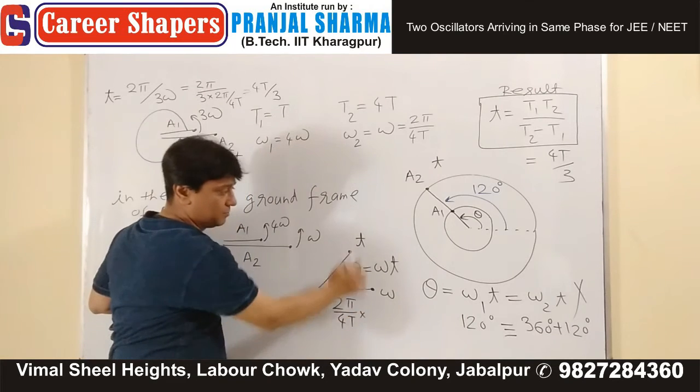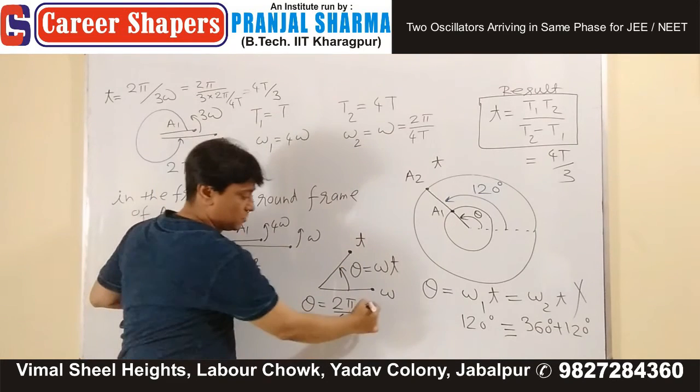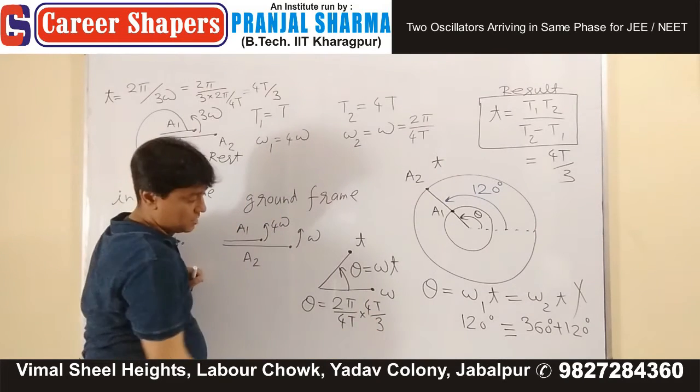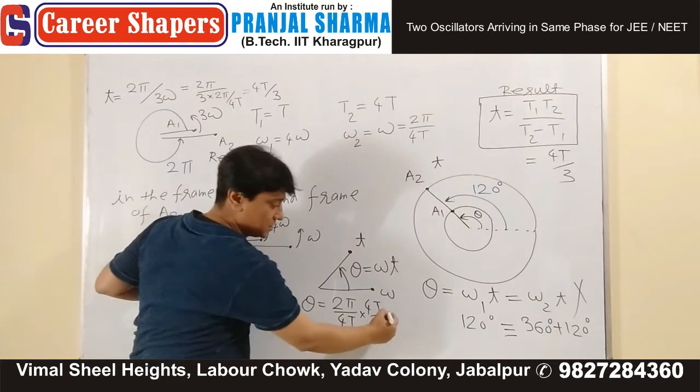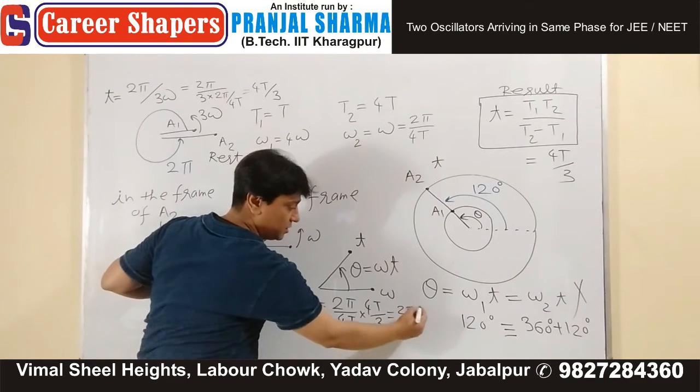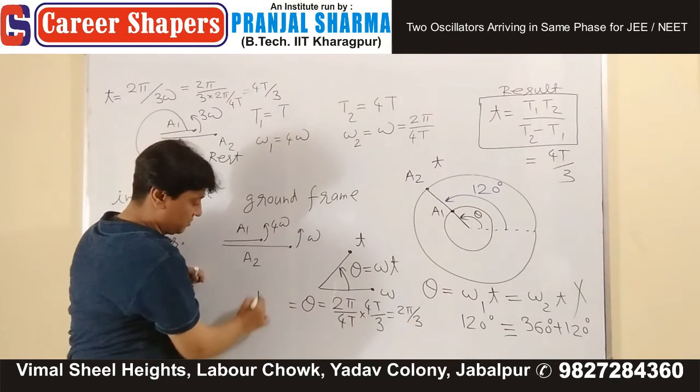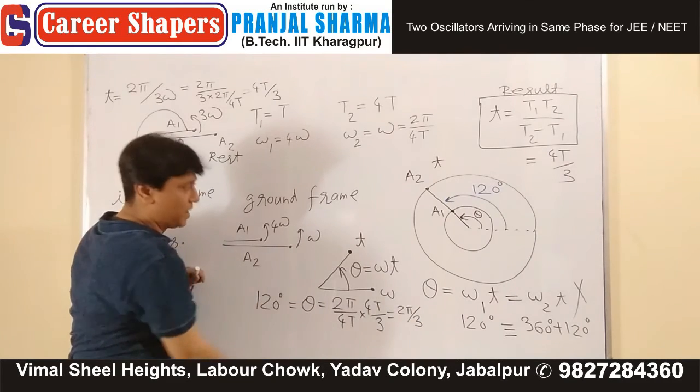Multiplied by time. What is time? 4t by 3. 4t cancel. This is coming 2 pi by 3, which is nothing but 120 degrees.